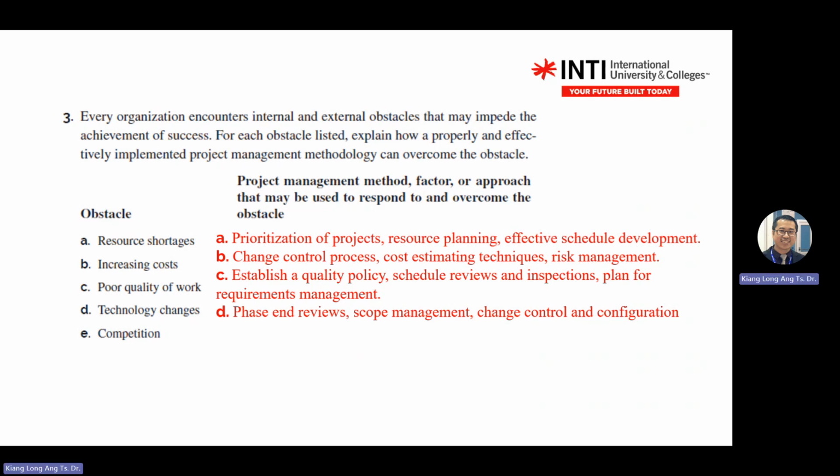Scope management means if the technology changes, you need to deal with the customers and say, hey, the technology already changed. Our contract cannot be continued. We need to rediscuss how we go around the problems, right? How we solve the problems on the scope, right?